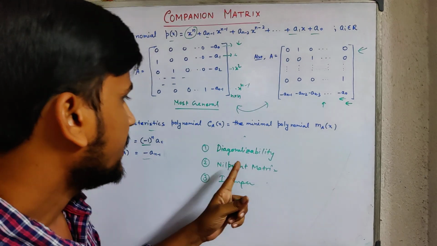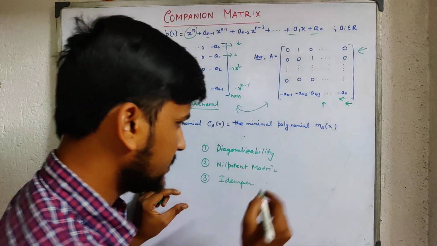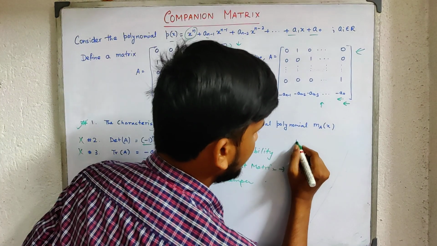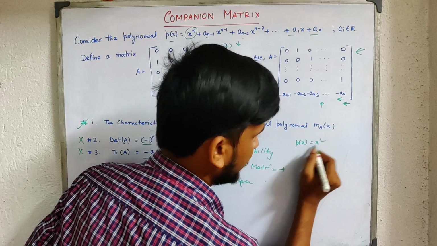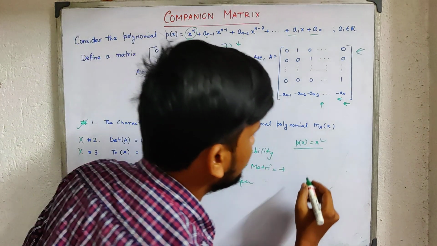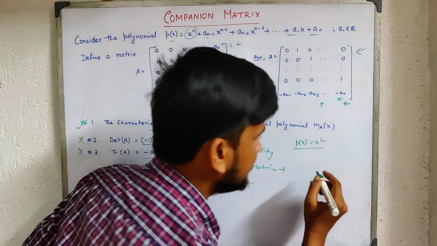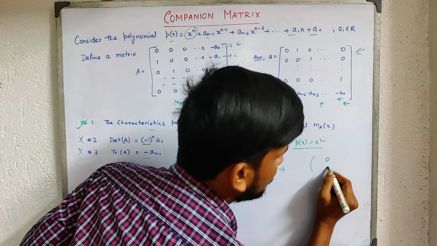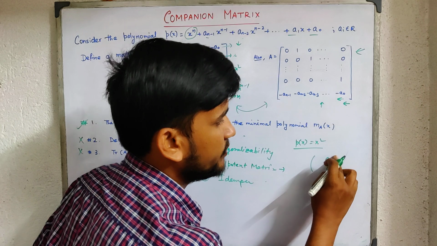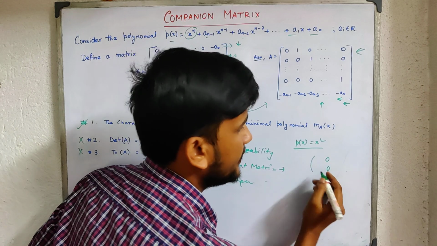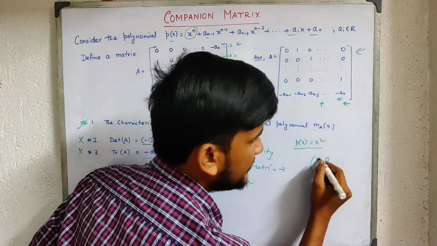See, first we come to the nilpotent matrix. Suppose we take p(x) equal to x square. What is the matrix representation of this? The coefficient of x to the power 0 is 0 and the coefficient of x is 0. Therefore we write 0 and 0, then 1 here and 0 here.